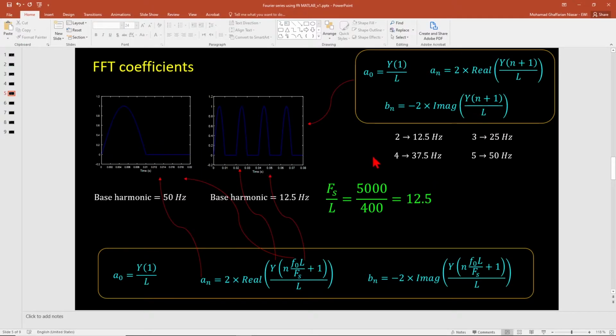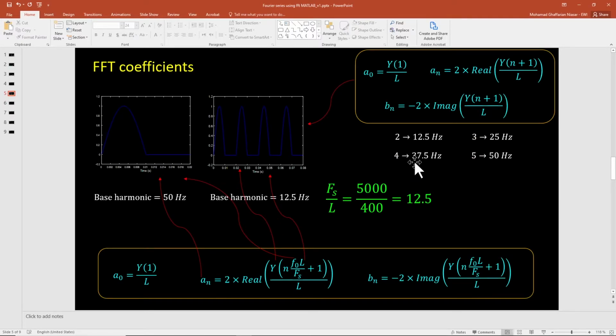Okay, so let us look at this. Here if you put n equal to 1, A1 is related to Y2. So A1 of the Fourier series of this is related to Y2, the FFT of this. Y2 is related to the base frequency, 12.5. Y3 is related to 25 hertz.